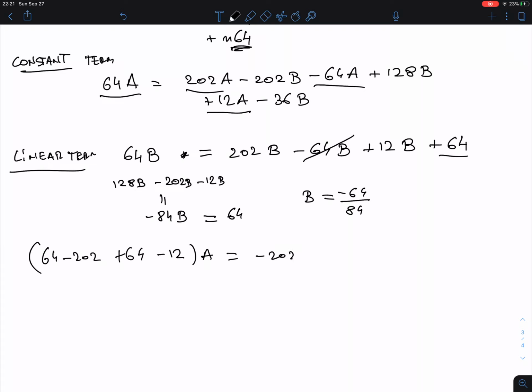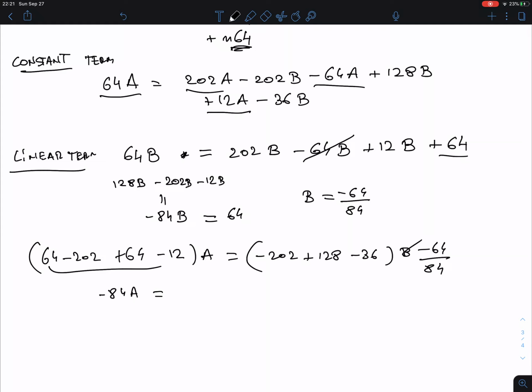We have minus 202 plus 128 minus 36 b, and we know that b is minus 64 over 84. And so this tells me what a is. This number I kind of already calculated. This seems to be the same as minus 84. A equals this number. What is this number?